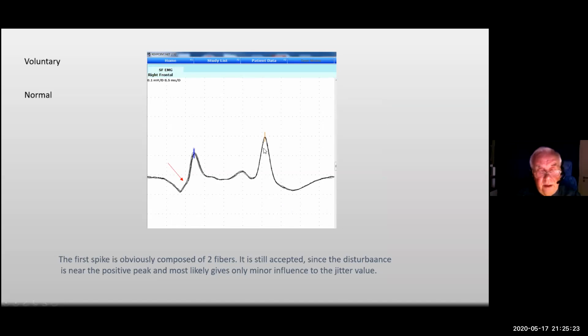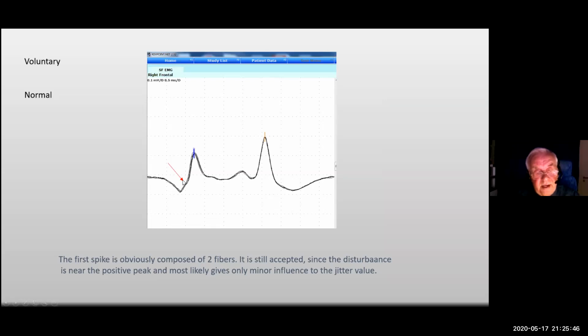Here we have the recording where we trigger on the second, and you see that this is not really a sharp signal. This must be another fiber that is contributing to this signal. So here is an inflection point.